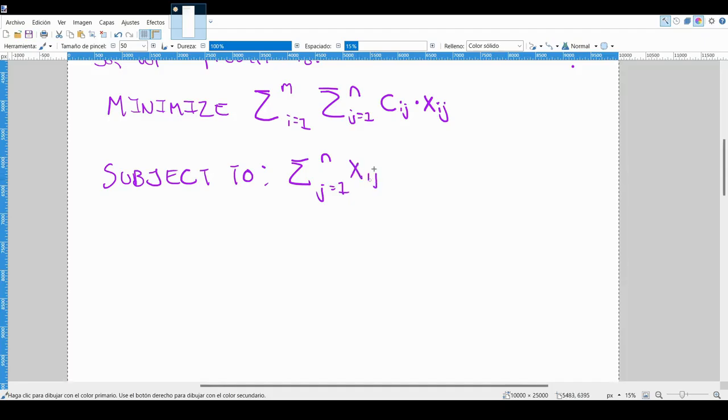We want to make sure that the sum being shipped specifically from production center I is never going to be greater than the amount available there. We're just going to set this as equal, and we're going to say from I equals 1 all the way to N.